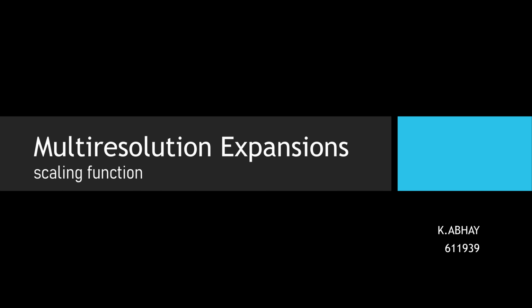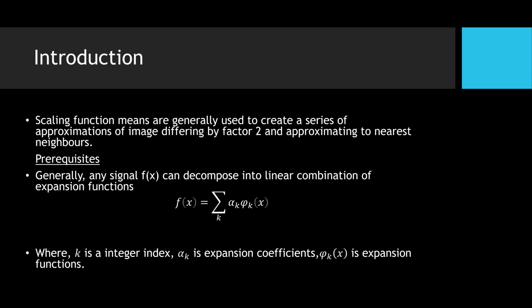In this video, I'm going to talk about scaling function which comes under multi-resolution expansion. So first of all, what are scaling functions? Scaling functions are generally used to create a series of approximations of an image differing by a factor of 2, approximating to nearest neighbors.